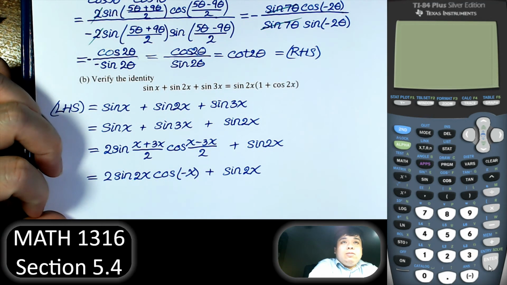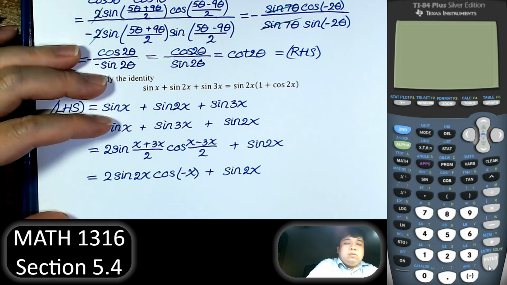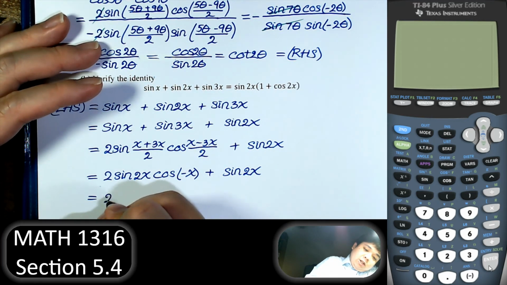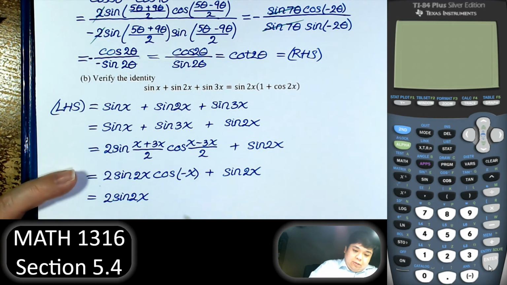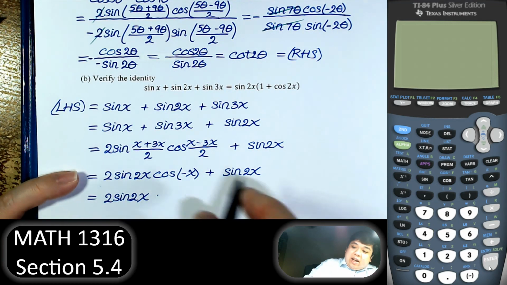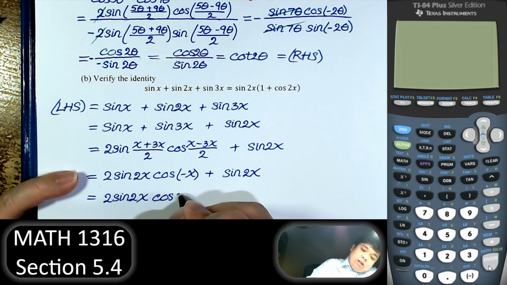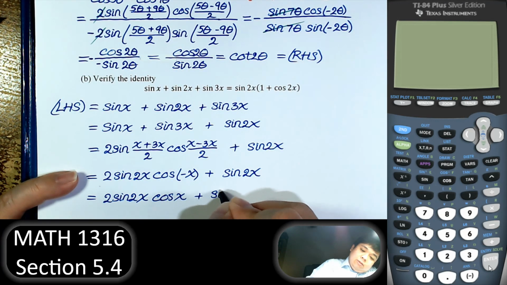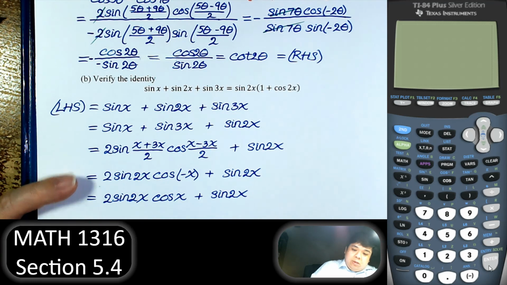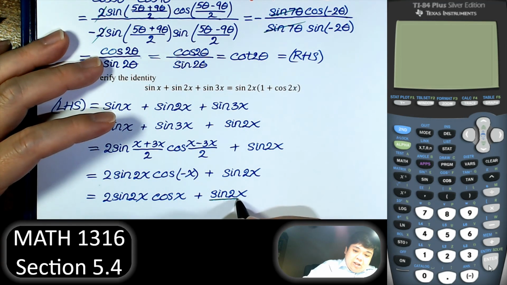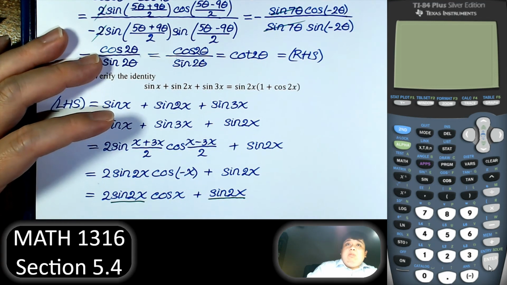So that gives us 2 sine of 2x cosine of negative x, plus sine of 2x. Once again, cosine is even, so cosine of negative x is cosine of positive x. And then factor out sine of 2x, the common factor.